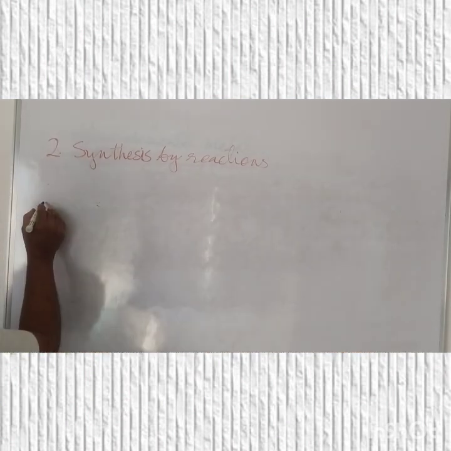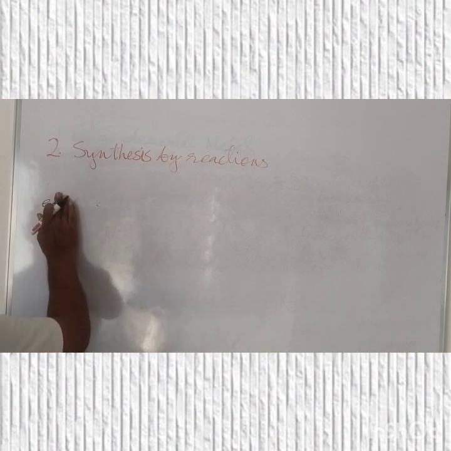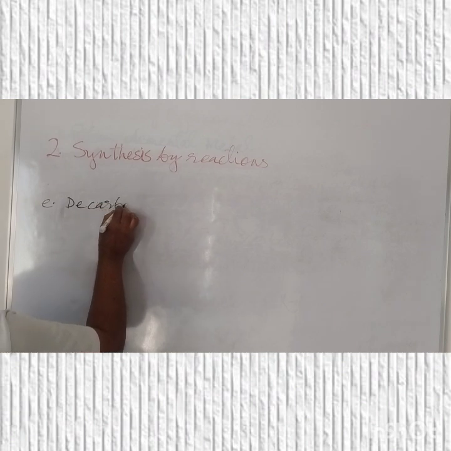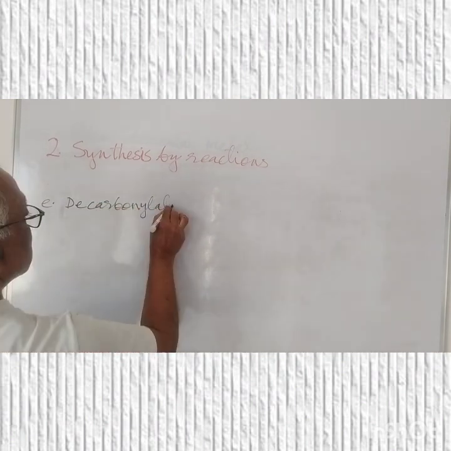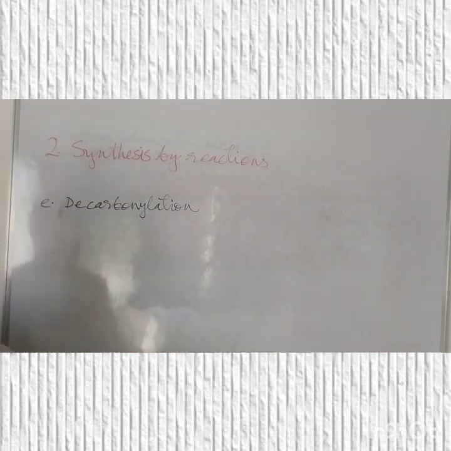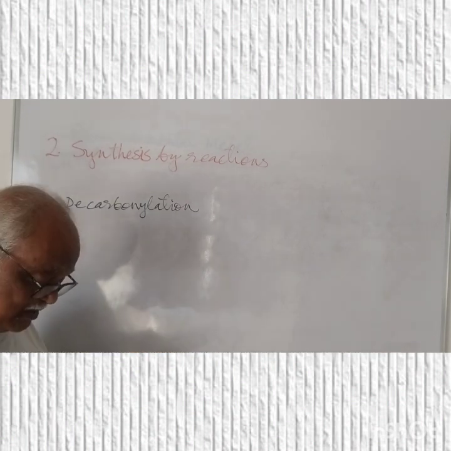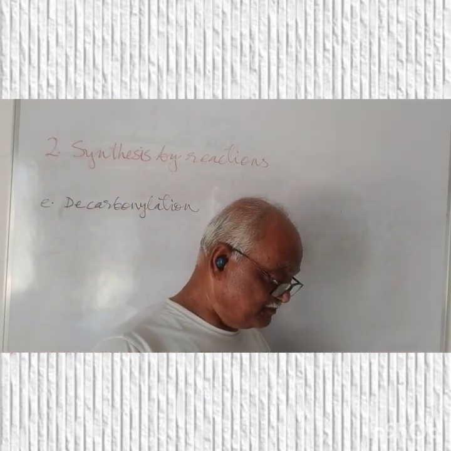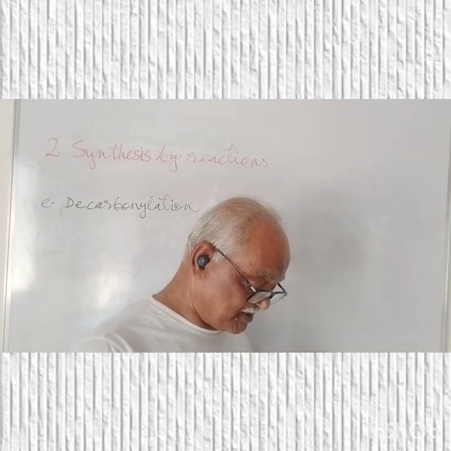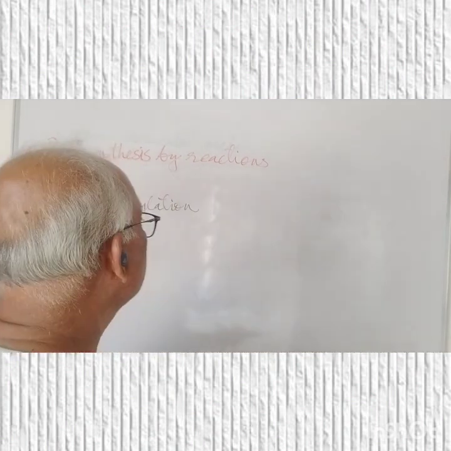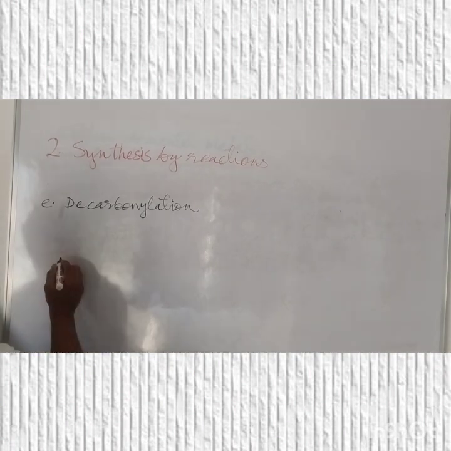Decarbonylation. So this is the fifth type of reaction, that is decarbonylation. Here the carbon monoxide group is removed. Carbon monoxide group is lost from the existing molecule.